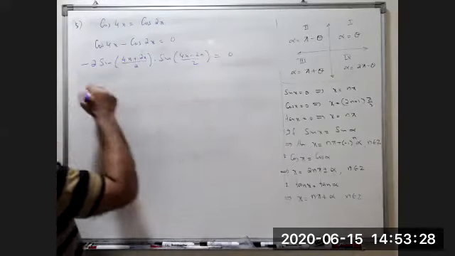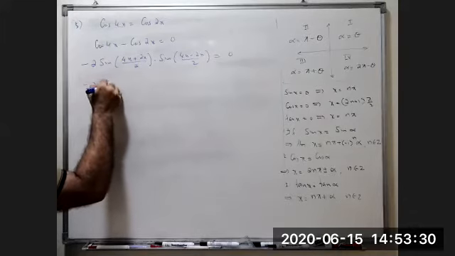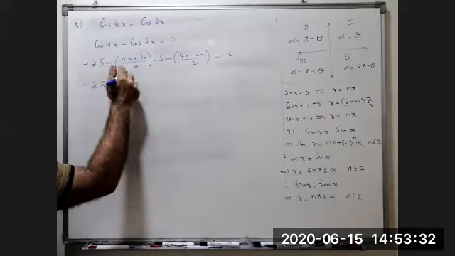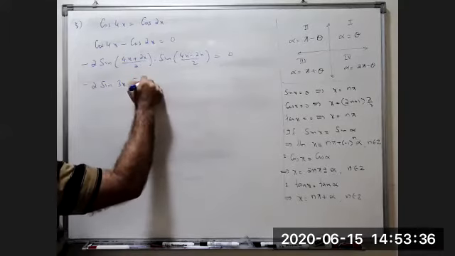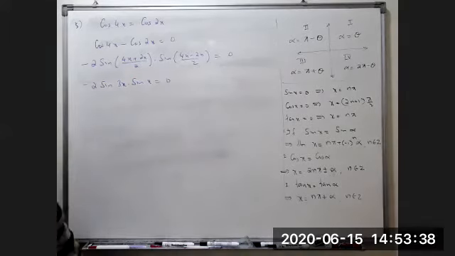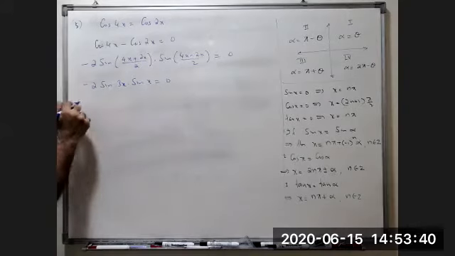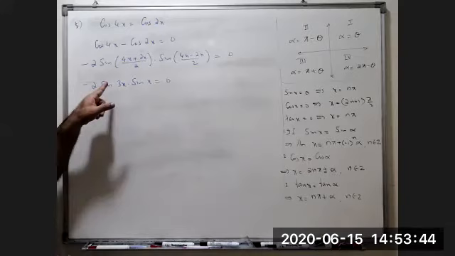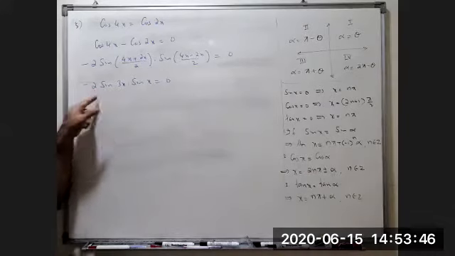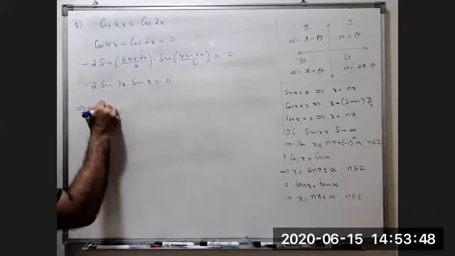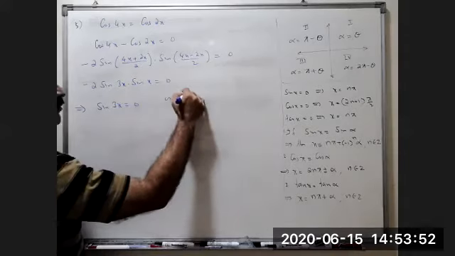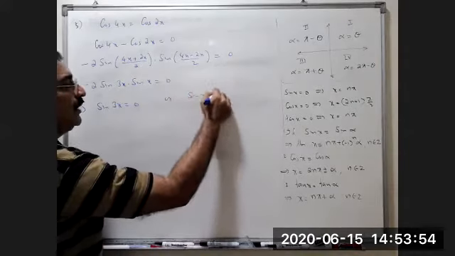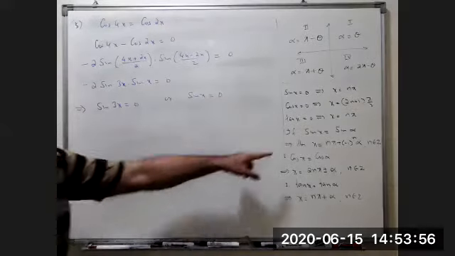So minus 2 sin 6x by 2, that is 3x, into sin x is equal to 0. Minus 2 cannot be 0. This means sin 3x is 0 or sin x is 0.